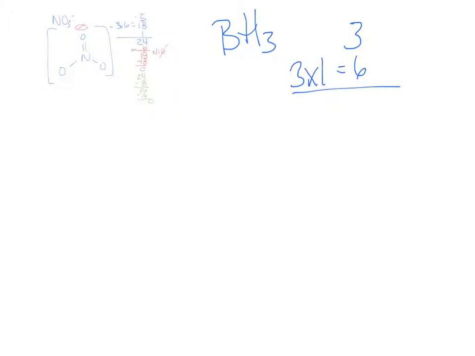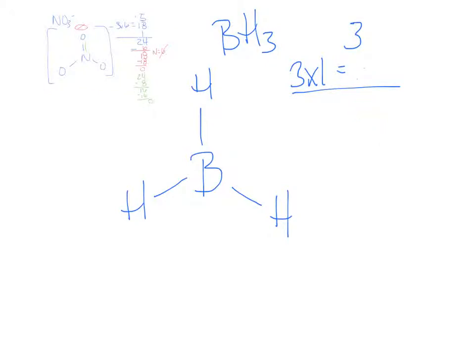Originally I said 9, which doesn't seem quite right. Oops, I did the math wrong on that originally. So if we set this up, we get boron here, and it has 1, 2, 3 hydrogens, one on each.